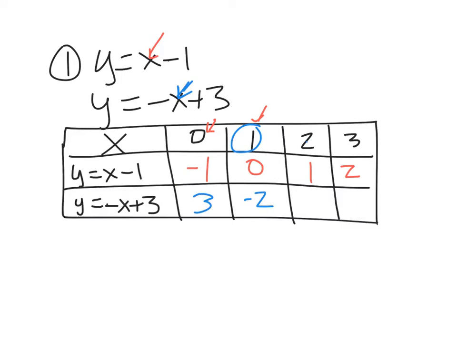Now I plug in my 2 value here. Negative 2 plus 3 is 1. Hey, do we have a match? Yes, we have a match. So this is my point, 2, 1. Or just go till we find your match.